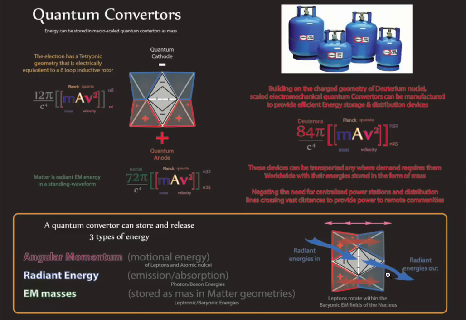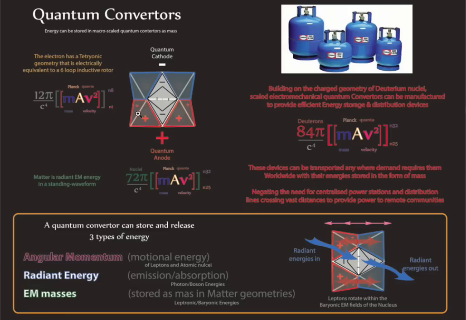Obviously it can absorb and emit energies as photons of light or heat, blackbody radiation, and all this energy itself is stored as non-radioactive mass within the matter geometries. So a deuterium nuclei itself is a quantum converter. It not only converts, but it also stores energy as mass within its matter geometries.